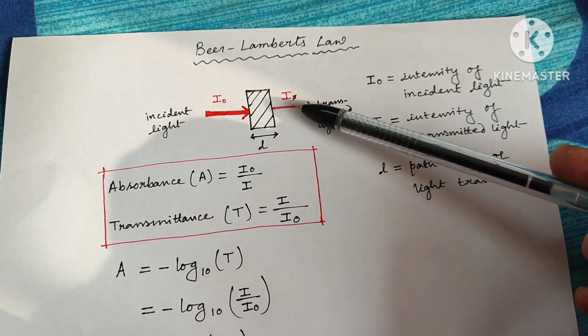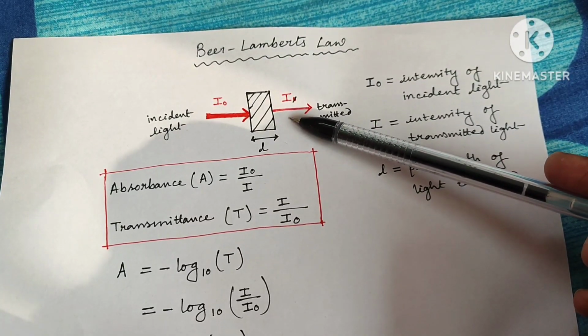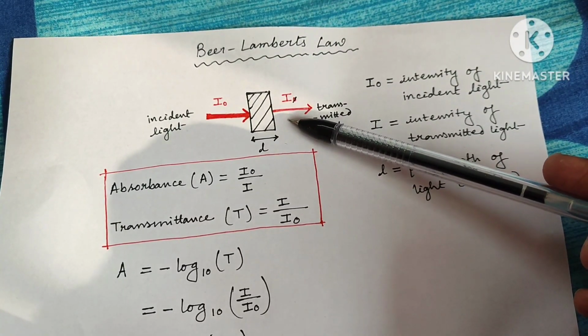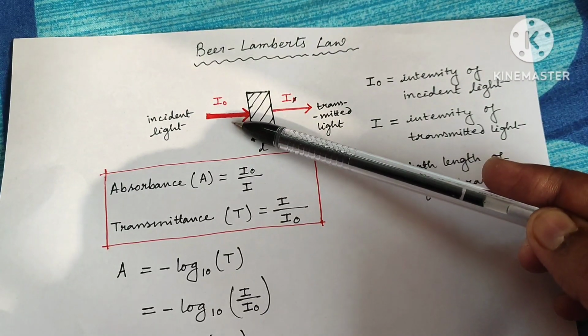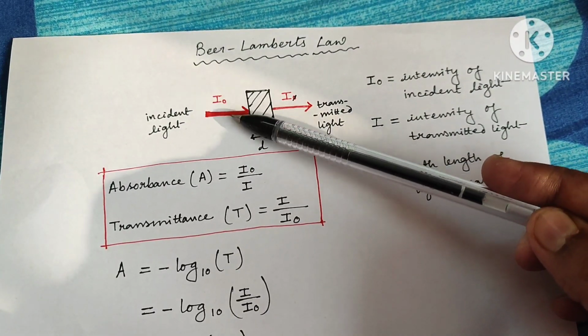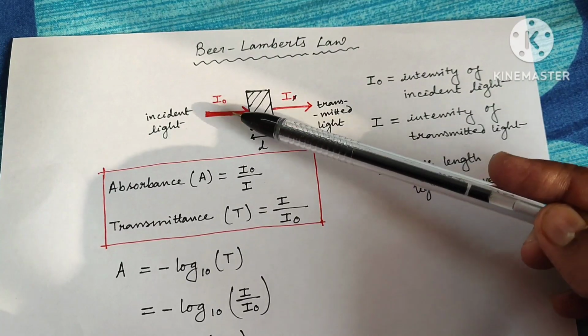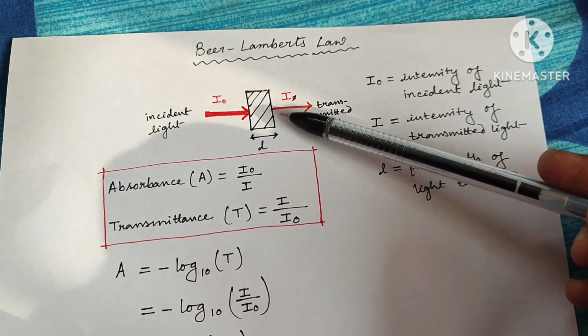So obviously the intensity of the transmitted light will be lesser than the intensity of the incident light. That is why there is a difference in the thickness of these two intensity arrows.